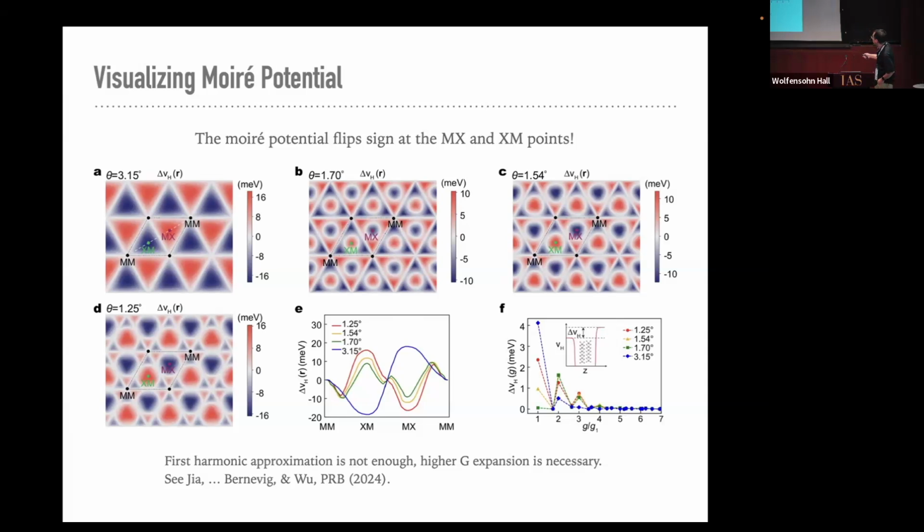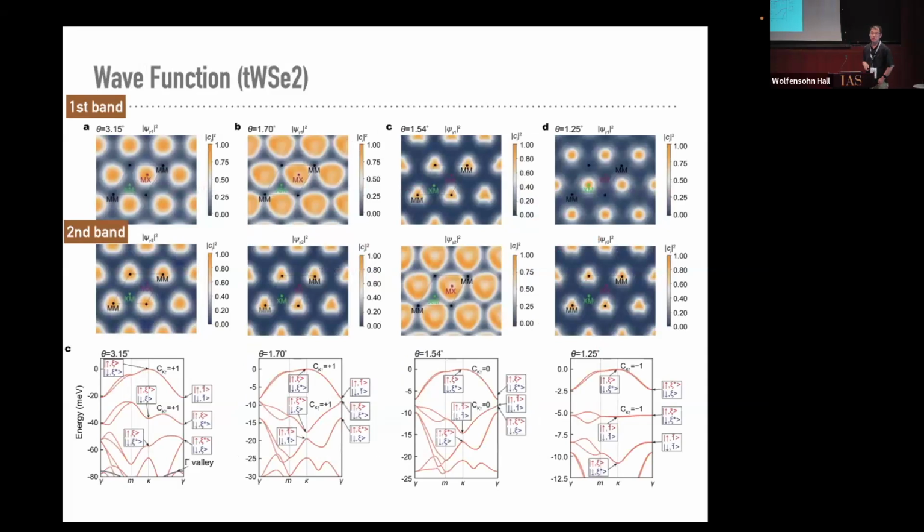You can see at a large twist angle, indeed, the first harmonic coefficient is very large, so then the second one is small, then it goes to 0. But when you go to smaller twist angles, you can see that at 1.7 degree, the first harmonic coefficient actually goes to 0. You really have to go to higher harmonics to capture this pseudo spin texture. So that's another lesson we learned. And we can also look at the location of the wave functions.